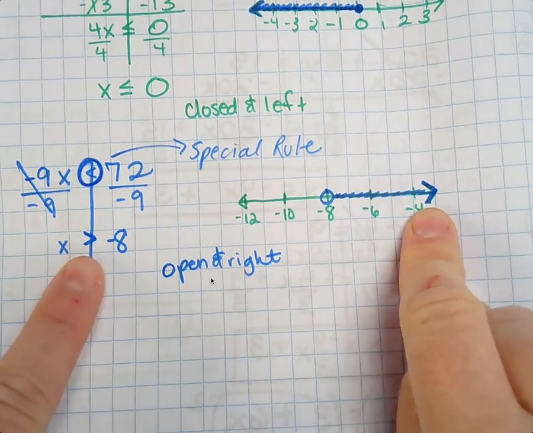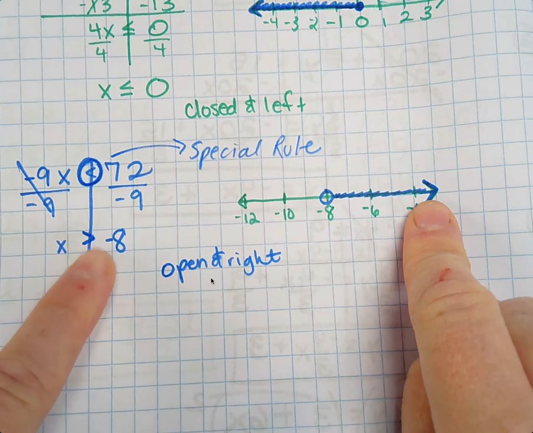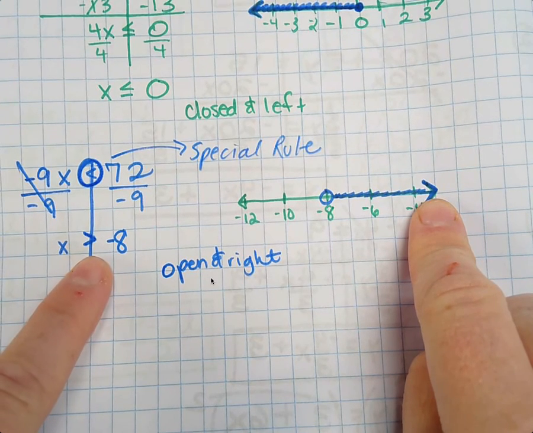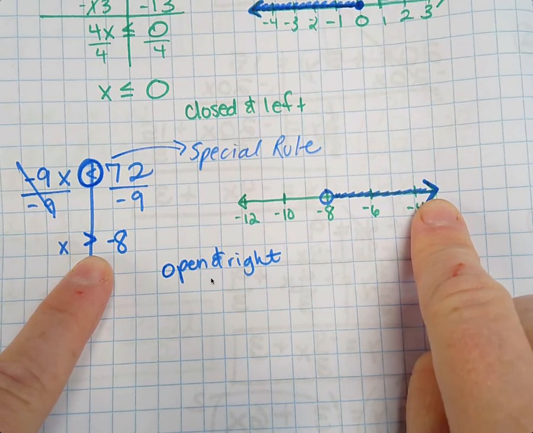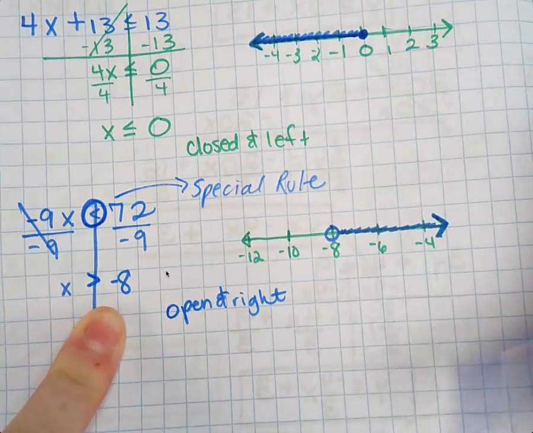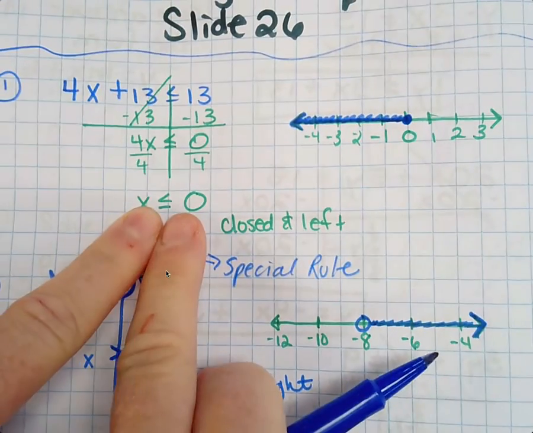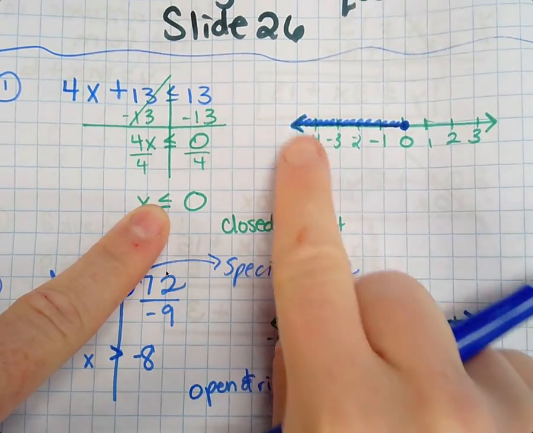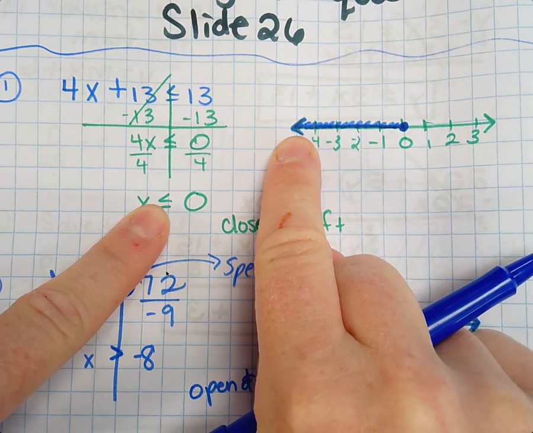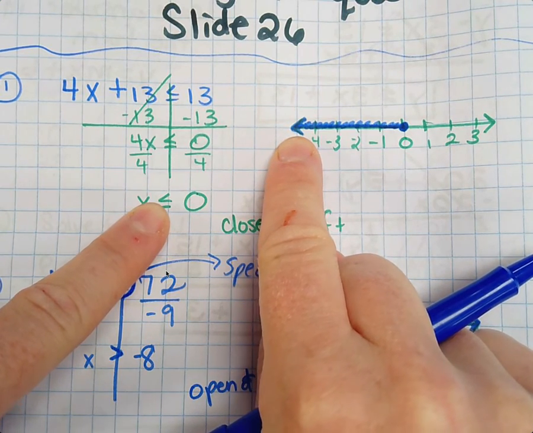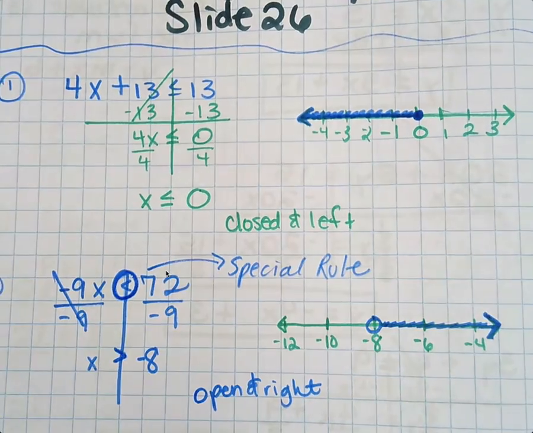And something I also noticed is look at this symbol, or look at this arrow and look at the symbol. They're the exact same. So that should be true every time you do inequalities. This symbol, this arrow, they're the same. So that kind of also tells you which way to shade.